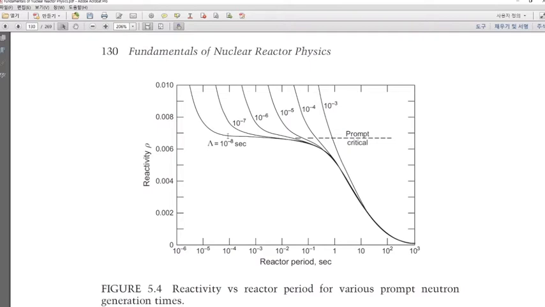If the reactor power changes that rapidly, it is very hard to properly control the reactor. So of course, as always, avoiding such prompt criticality is very important in controlling a nuclear reactor.